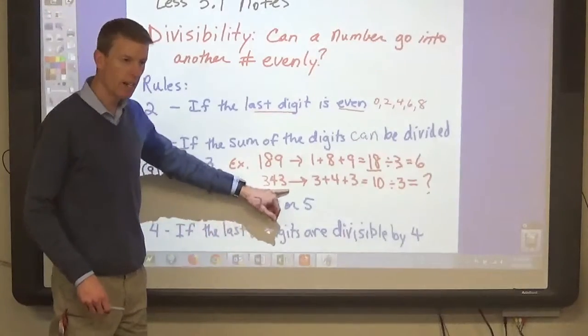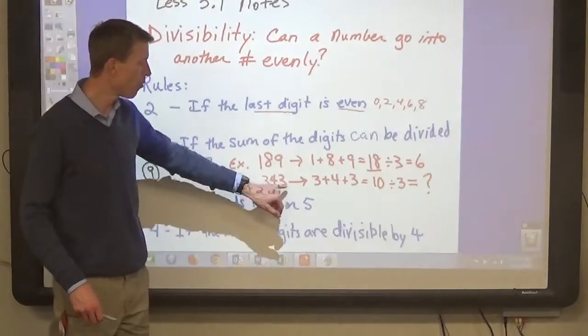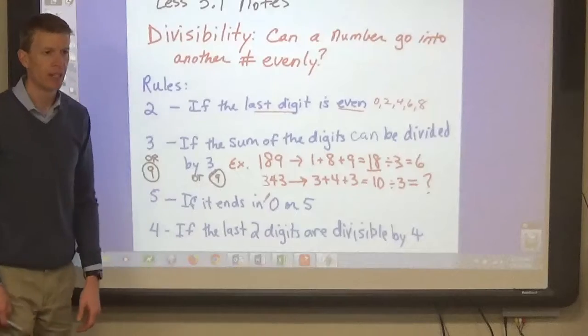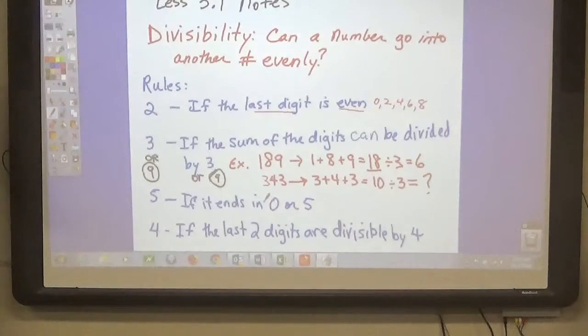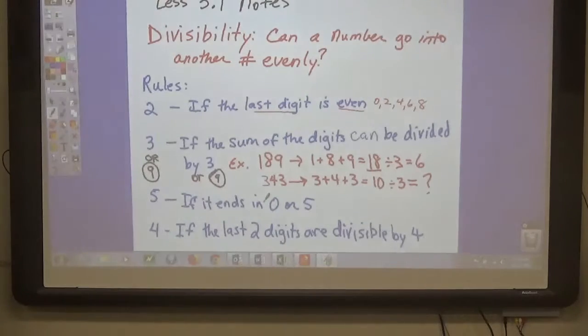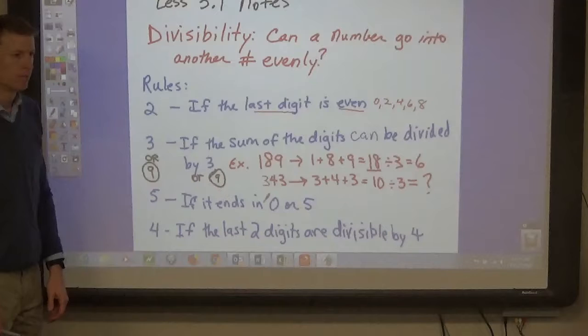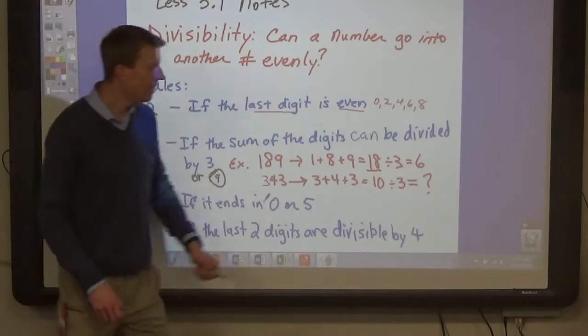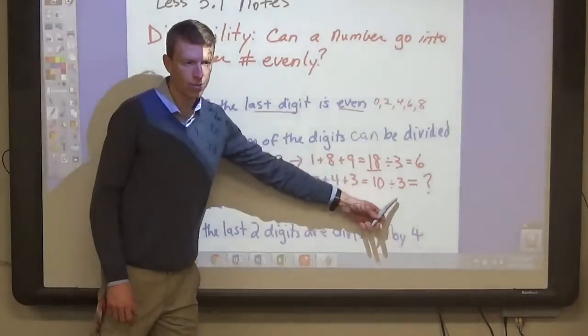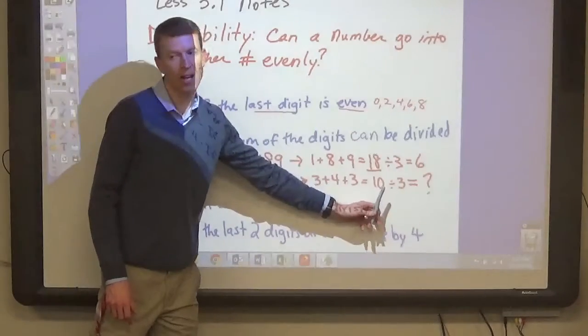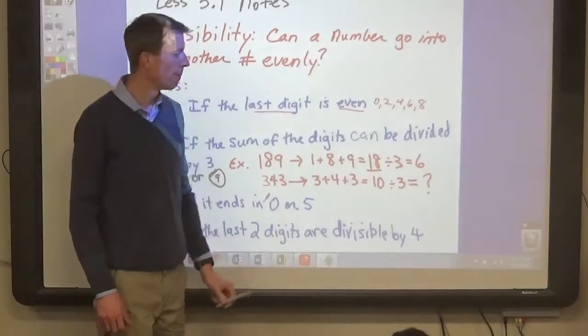You can check any number you want. Look at this one, 343. Is that divisible by 3? No. How would you know? David? Because you add them up and it adds to 10, and 10 divided by 3, there's no such thing as 3 times a whole number that gets you 10.